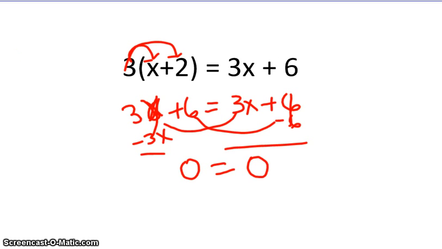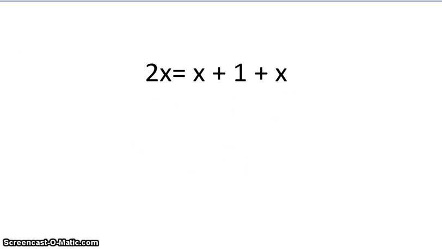And let's look at one more example. Okay, there are no fractions, there are no grouping symbols, and now I do need to do step number 3, because on the right side I have 2 variables, so I need to add those together. So I have 2x equals 2x plus 1.